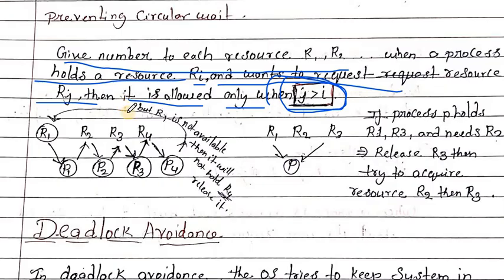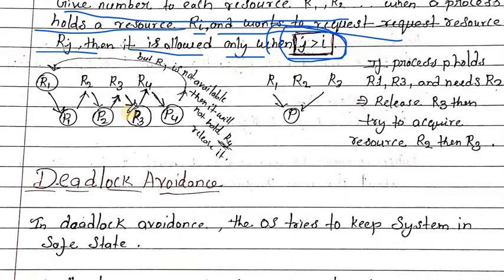This condition applies to circular wait, where we have processes P1 and resources R1, R2, R3, R4.